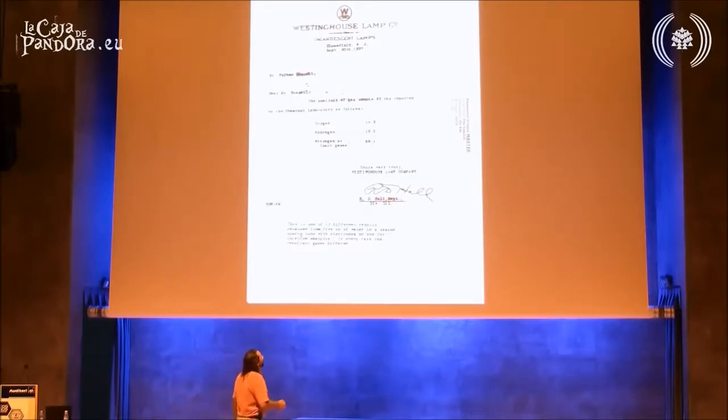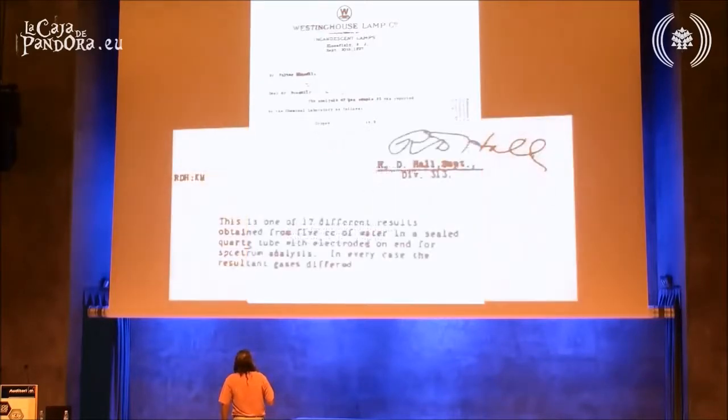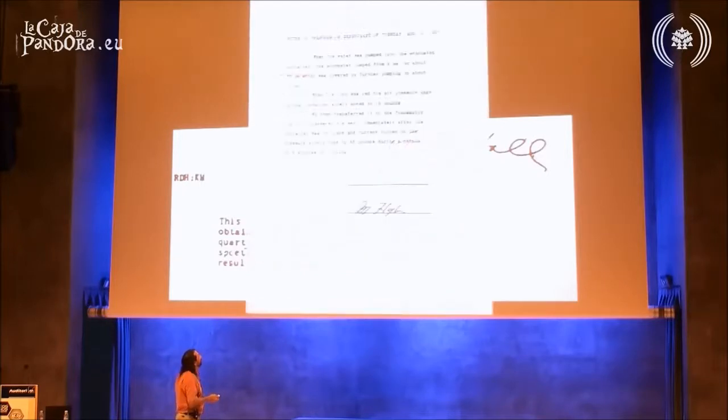What they would do is put a little water in the container in the middle of the device with trace minerals. And when they would put power to the device, things would happen in which, in each case, the resulting gas was different. Meaning they were getting transmutation of elements.